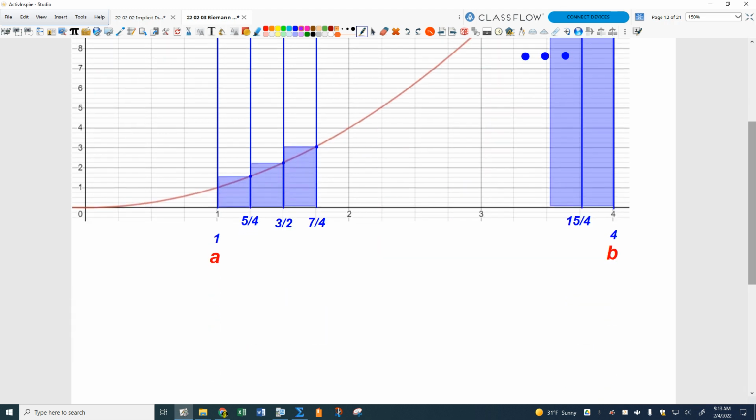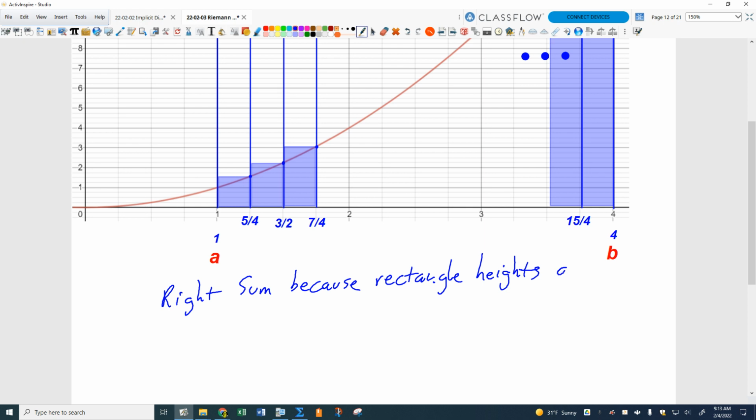So we'd call this a right sum, because the rectangle heights are defined by the value of x at the right edge of each subinterval. Okay, does that make sense?